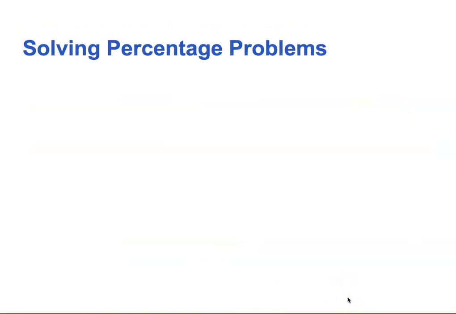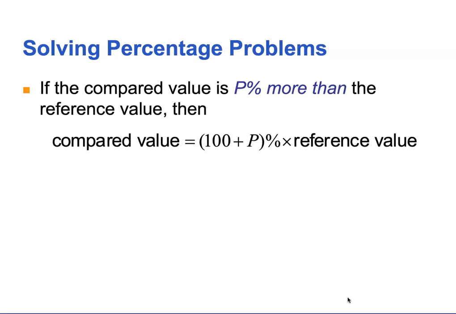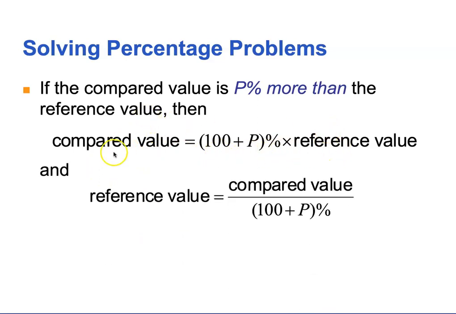Solving percentage problems. All right. If the compared value is p% more than the reference value, then the compared value is 100 plus p times the reference value. And the reference value is always found by the compared value divided by 100 plus p.